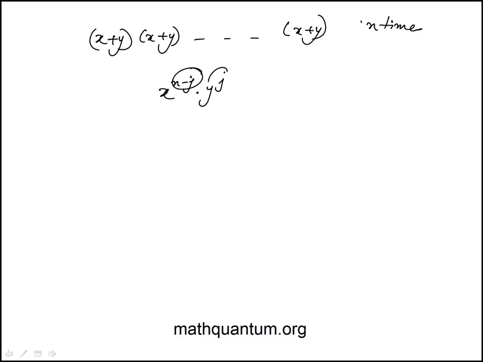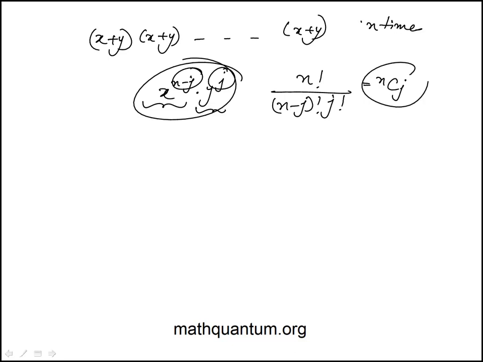The total is n, so these two add up to n. So here we're arranging n minus j x's and j y's. The total is n factorial, so we divide it by n minus j factorial and j factorial, which is the same as nCj. So this is the generalized coefficient of that, which means that for x plus y to the n, this is where I'm going to write the generalized binomial expansion.